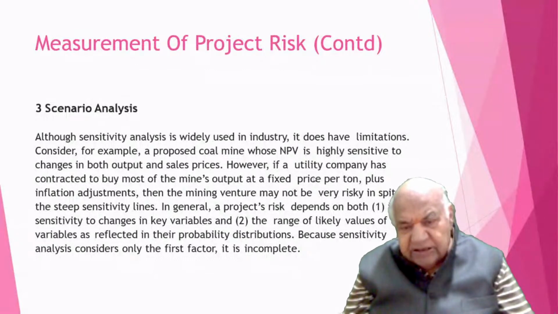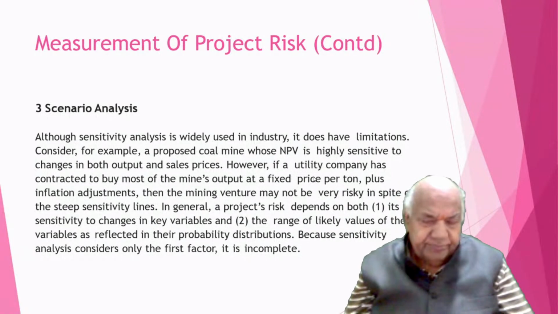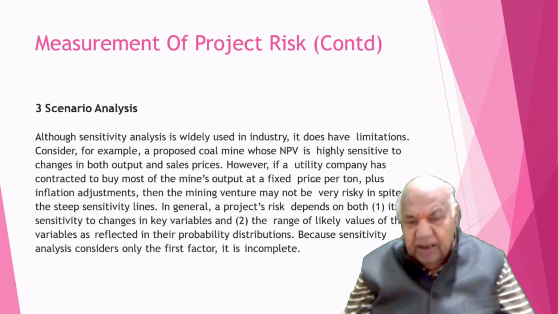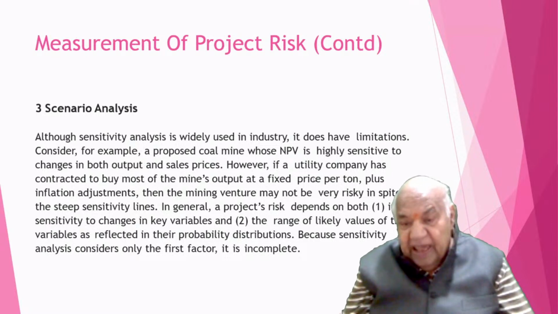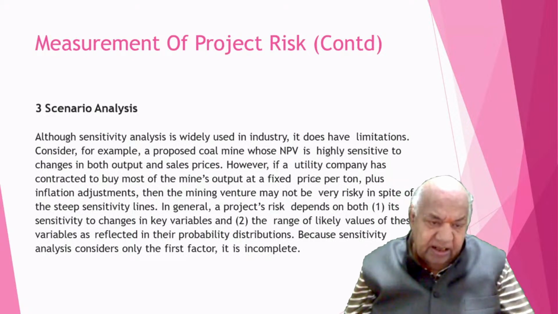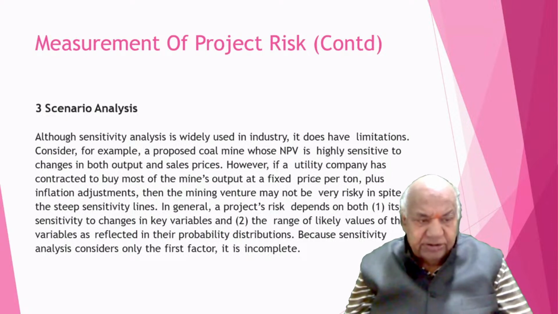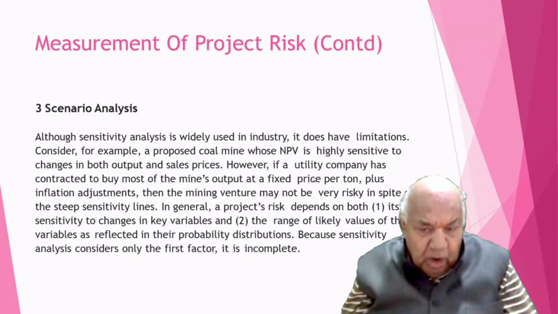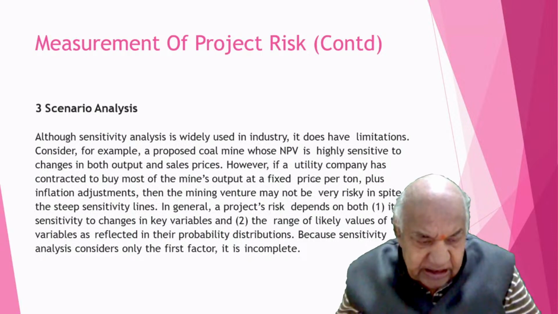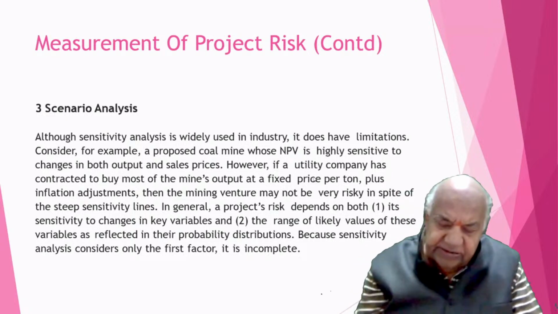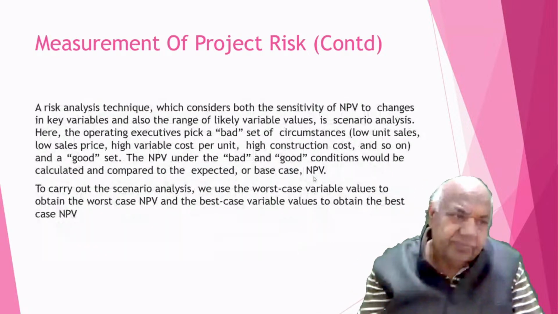In general, a project's risk depends on both: number one, its sensitivity to changes in key variables, and number two, the range of likely values of these variables as reflected in their probability distributions. Because sensitivity analysis considers only the first factor, it is incomplete.